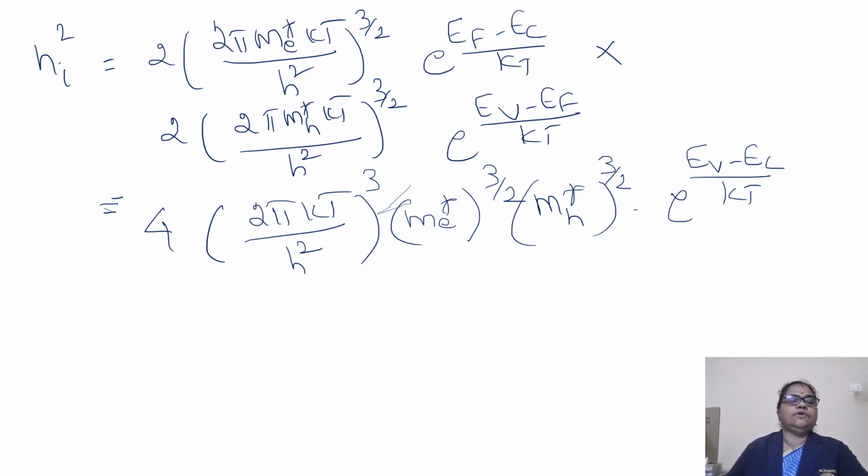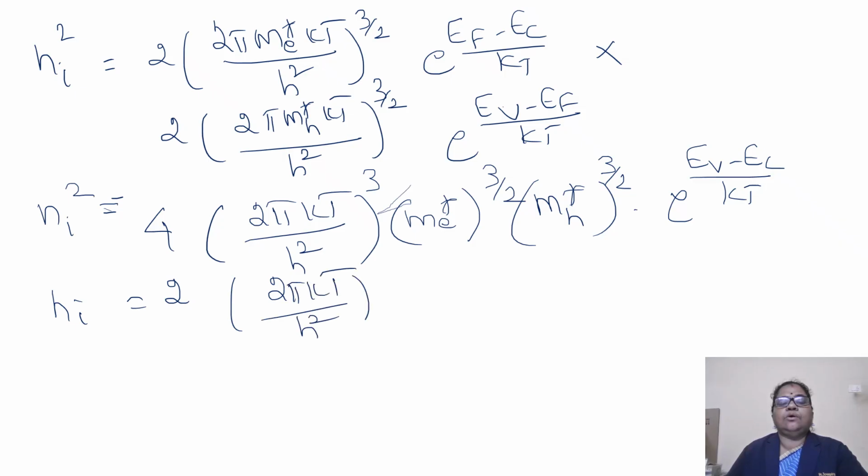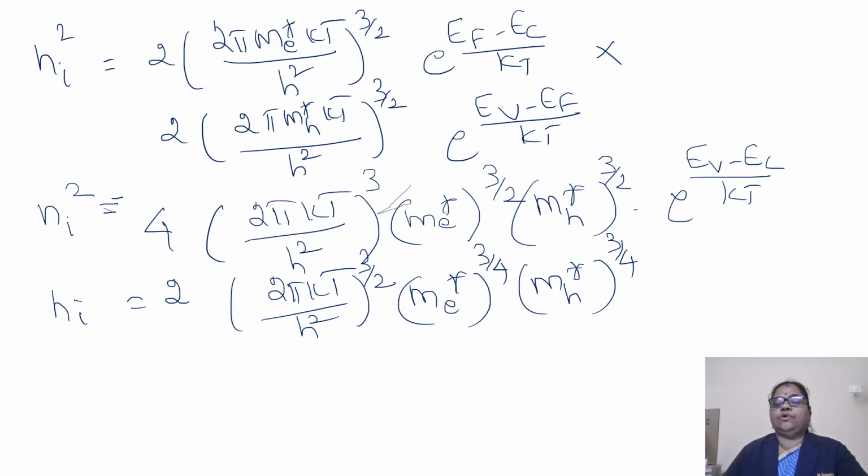But according to the left hand side, we can have n_i squared. So in order to take a square root on both sides, n_i is equal to 2 multiplied by (2πkT/h²)^(3/2) into (m_v*)^(3/4) multiplied by (m_h*)^(3/4) into e^(-Eg/2kT).